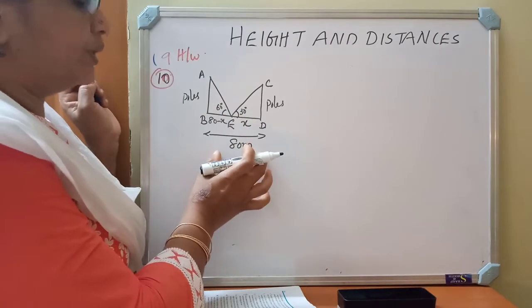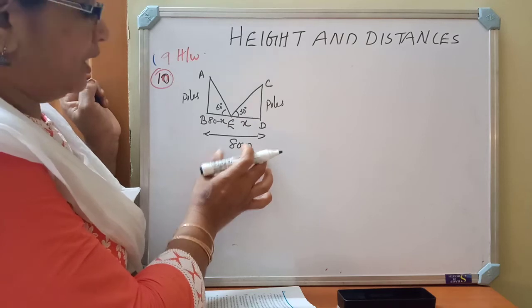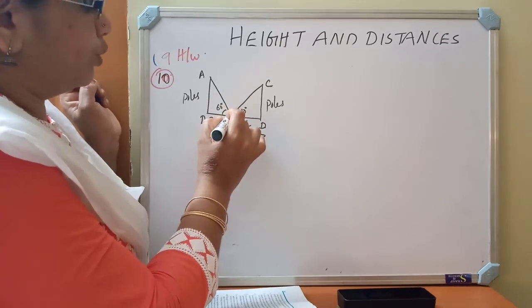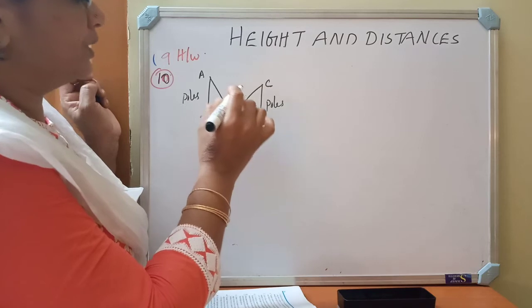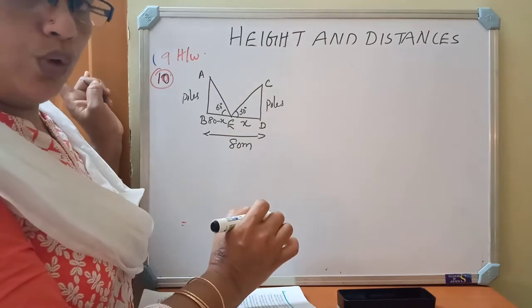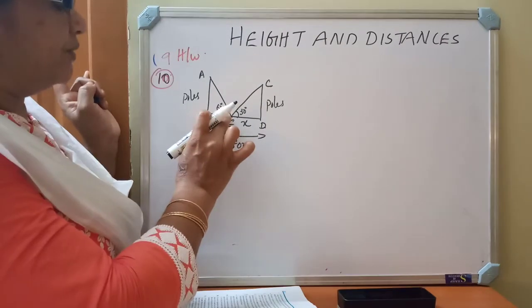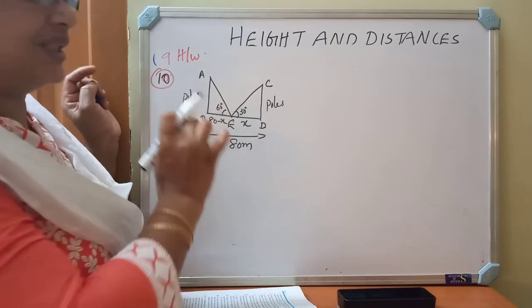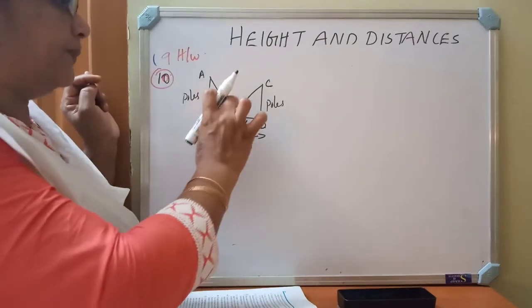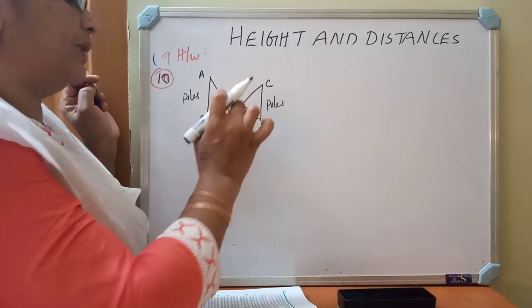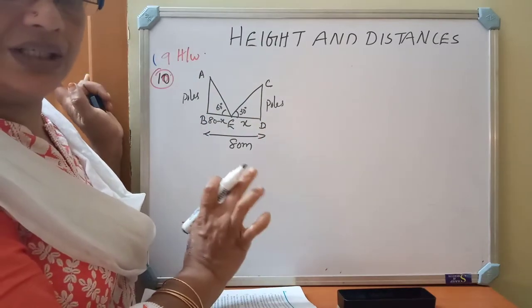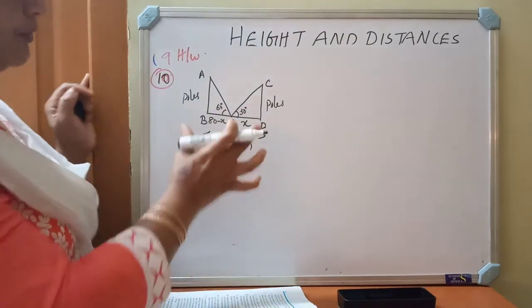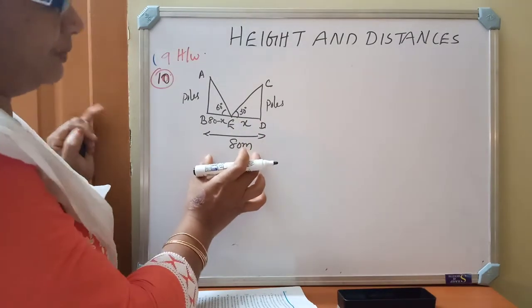The width of the road is given as 80 meter. E is the point on the road. From this point we are observing the top of the two poles. The first pole makes an angle of elevation 60 degree, and the second pole makes an angle of 30 degree. That is given in the question data.